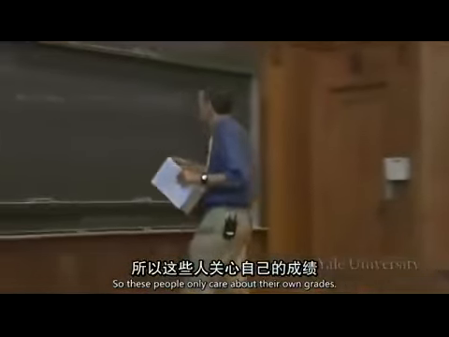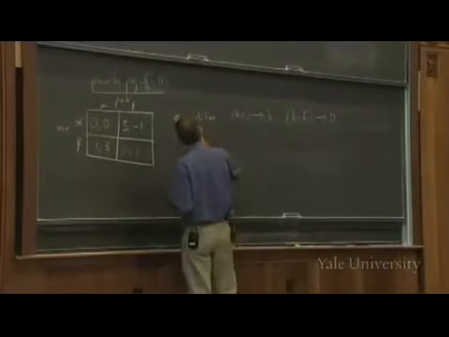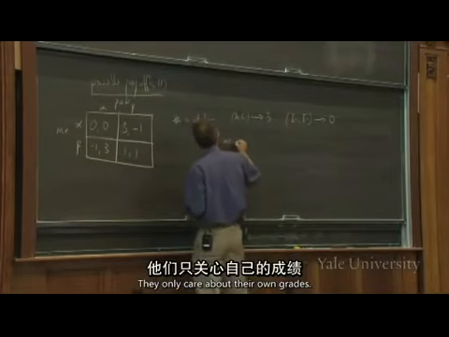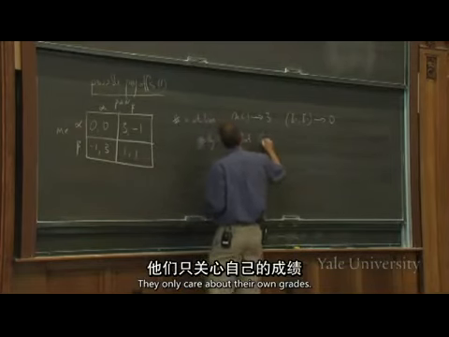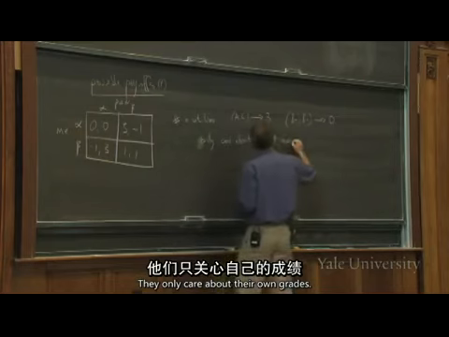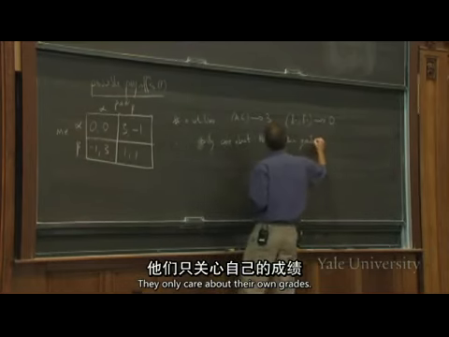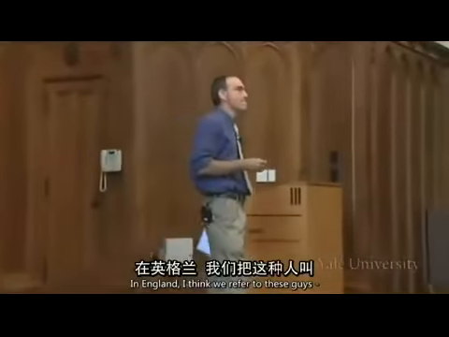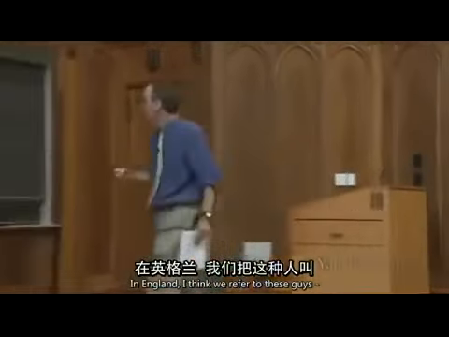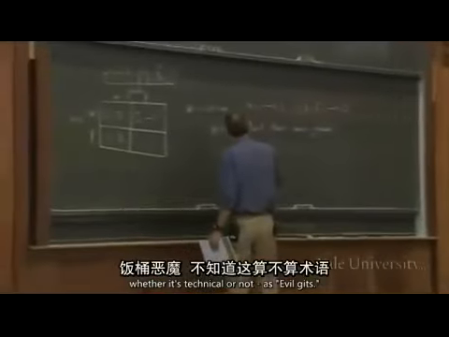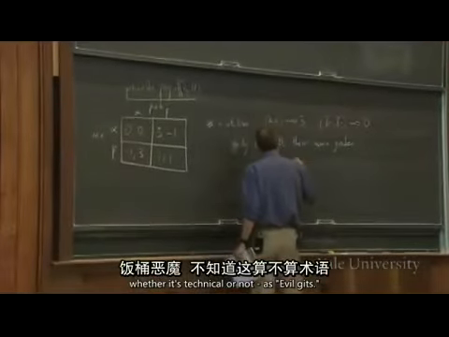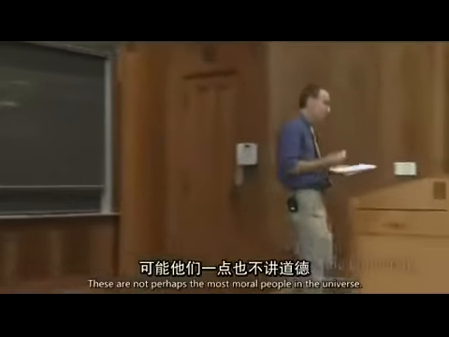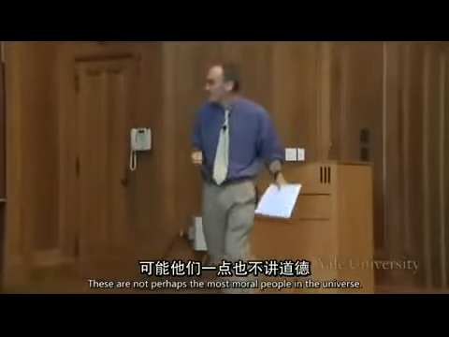So these people only care about their own grades. What do we call people who only care about their own grades? What's a good technical term for them? In England, I think we'd refer to these guys, whether it's technical or not, as evil gits. These are not perhaps the most moral people in the universe.